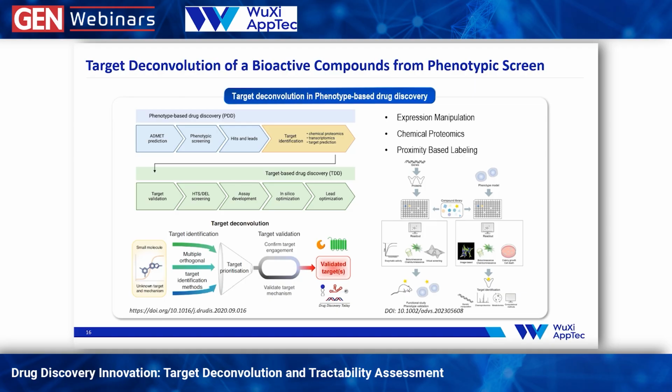The first one, which we all know, is target-based drug discovery: you first identify a target, purify the proteins, construct the cell lines, and then screen compound libraries, no matter whether small molecules, peptides or antibodies. Then you get your first hit, and then you do the optimizations.